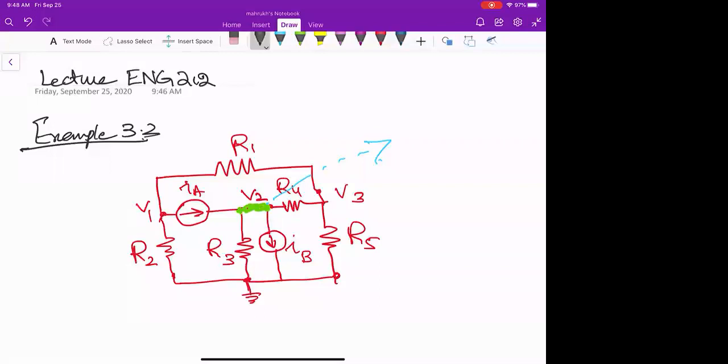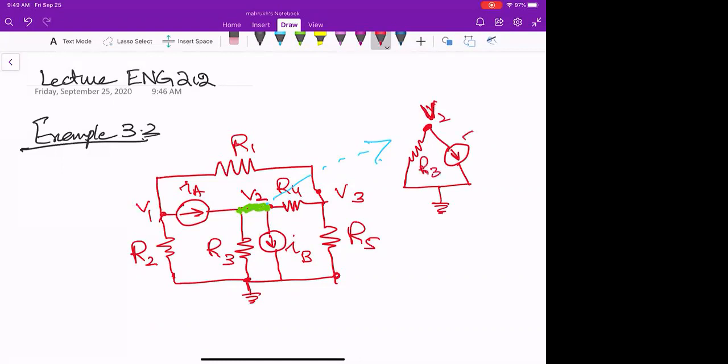I can draw it like this too, because this is the same node. It's just the wire that is making it the same node.